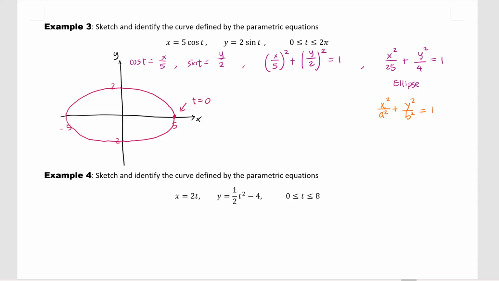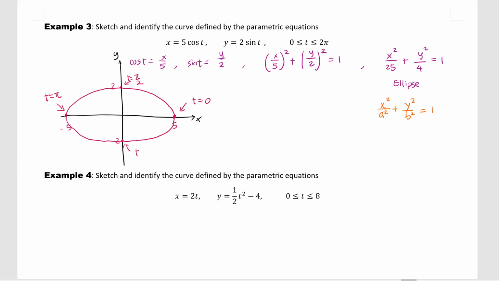So at time t equal to 0, x equals 5 times 1, so 5, and y equals sine 0, which is 0. So we are at the point (5, 0). And when t equals pi over 2, cosine pi over 2 is 0 and sine pi over 2 is 1, so we are at the point (0, 1). When t equals pi, we're at the point (negative 5, 0).